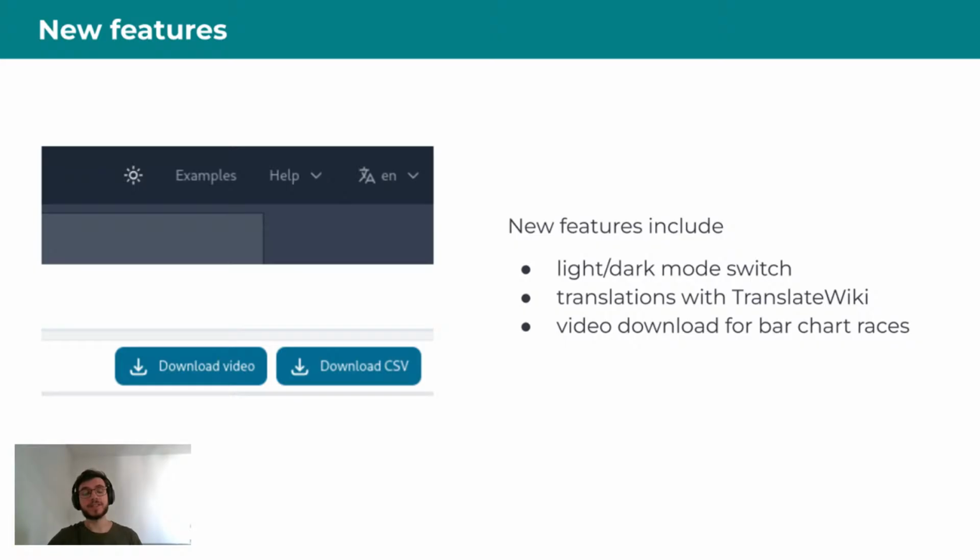Another big feature that was implemented in this refactoring was video download for bar chart races, which was a little bit hard to do, especially considering the Toolforge environment, because to have the utilities to generate videos and compile SVGs to images, we needed to refactor the deployment again.